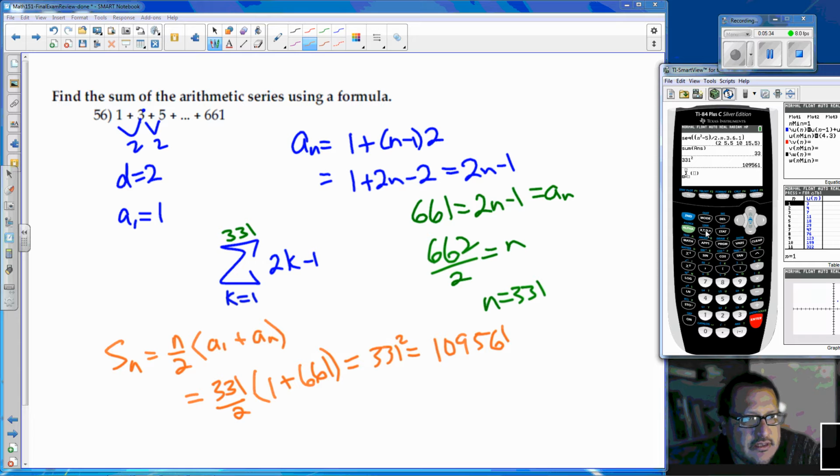This would be n equals 1 to 331, and the formula is right here, 2n minus 1, and here: 109,561.